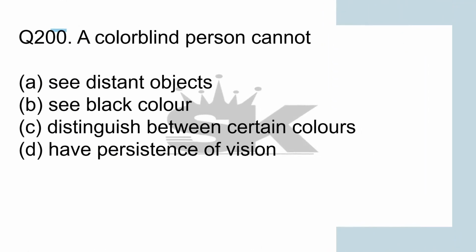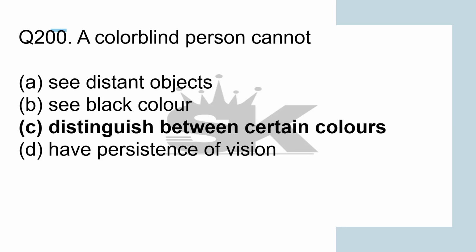A colorblind person cannot distinguish between certain colors. So here the option is option C, right? Most colorblind people are able to see things as clearly as other people, but they are unable to fully see red, green, or blue light.